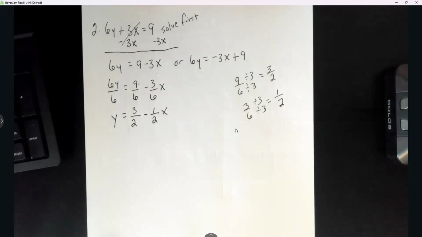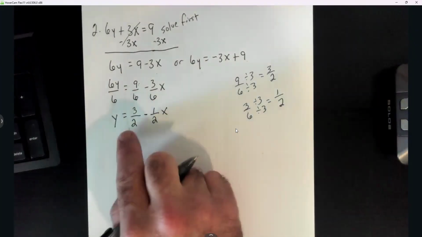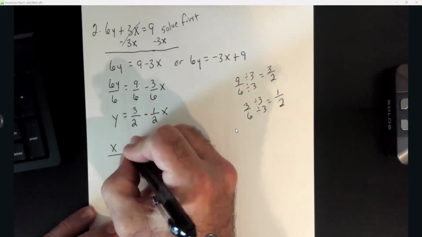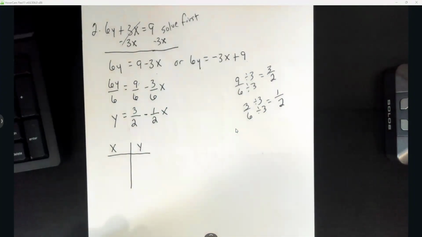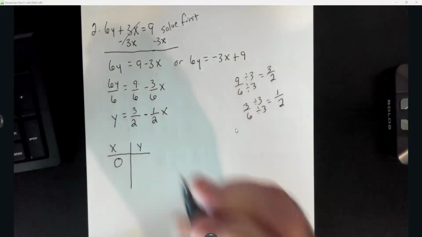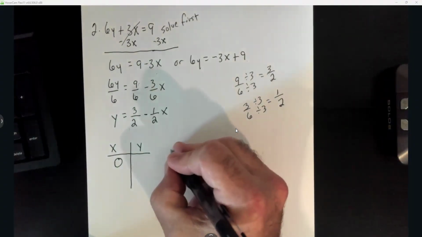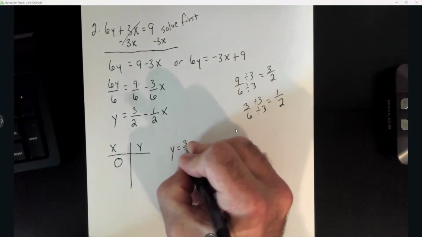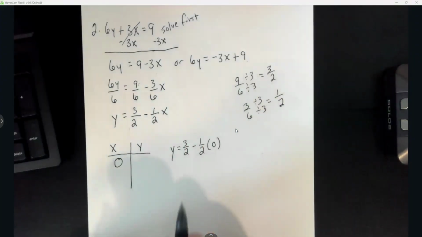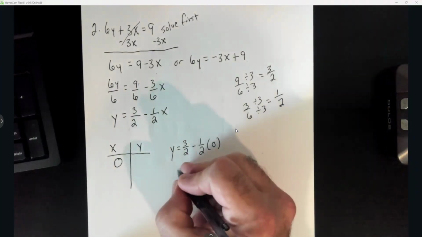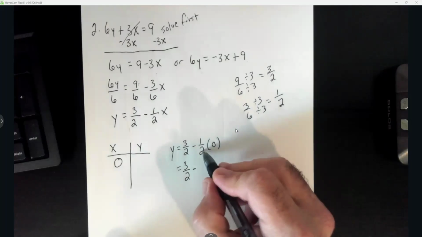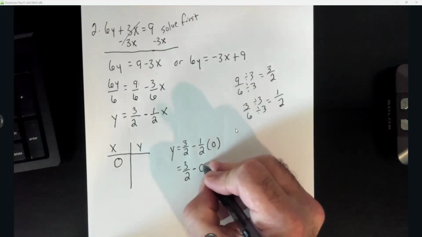All right, y'all. So this one is a little trickier because you got 2 fractions in it. But I'm still going to pick some numbers that I think will be easier. I think I'm going to use a 0 again. So that's going to give me y equals 3 halves minus 1 half times 0. All right, so I'll bring down 3 halves minus 1 half times 0 is a 0.